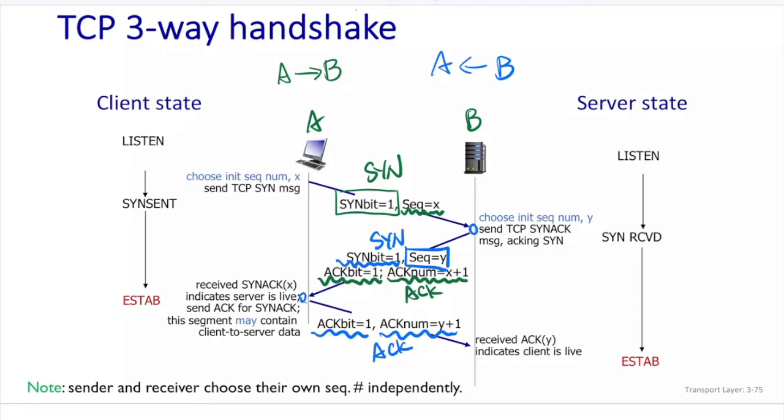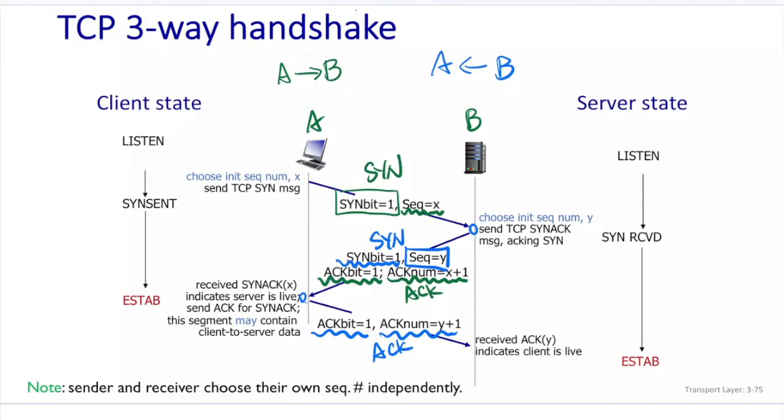So A understands that B accepts the connection, and B agrees to the parameter X chosen by A. On the other hand, B sends a SYN packet to A with sequence number Y chosen by B, and A agrees to that Y parameter, so it sends Y plus 1 back to B. So basically, they mutually agree on the parameters used by the other side.